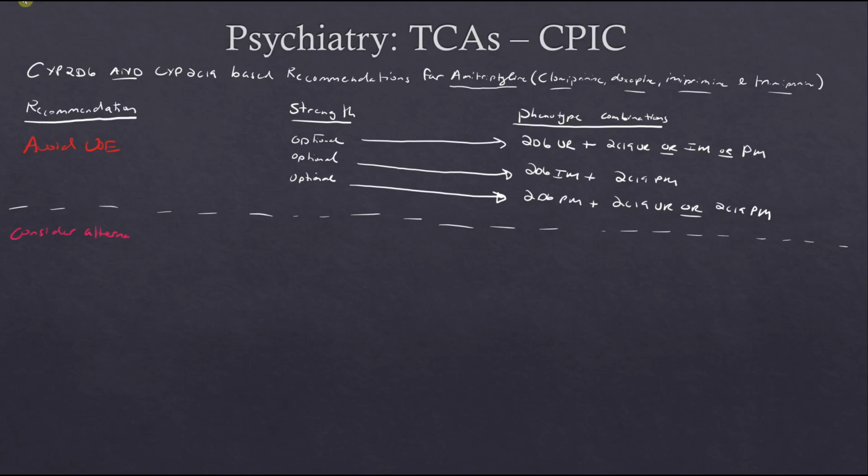The next recommendation tells you to consider an alternative antidepressant not metabolized by 2C19. So really something that's being driven by 2C19 phenotypes here. Let's go ahead and take a look at what those are.